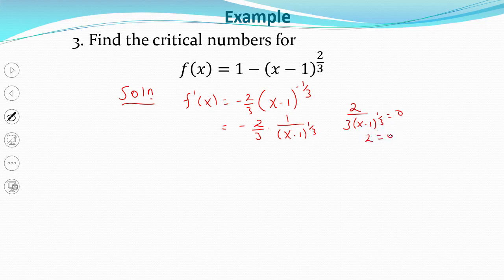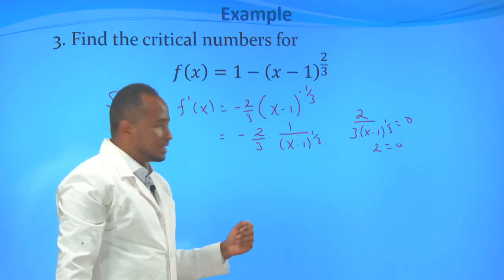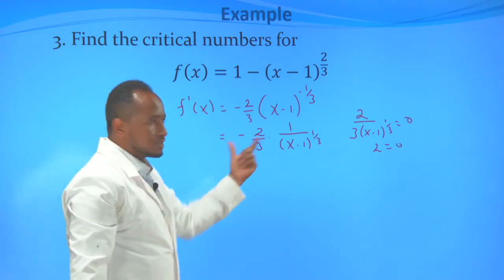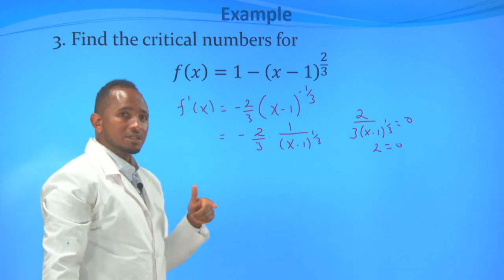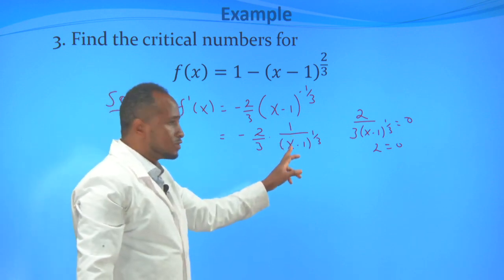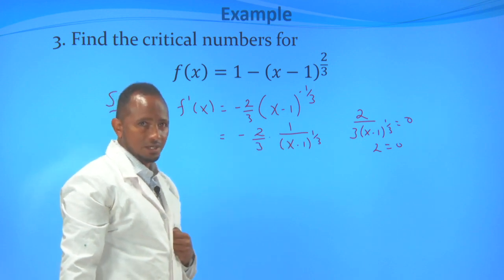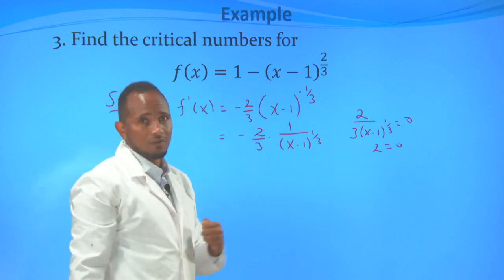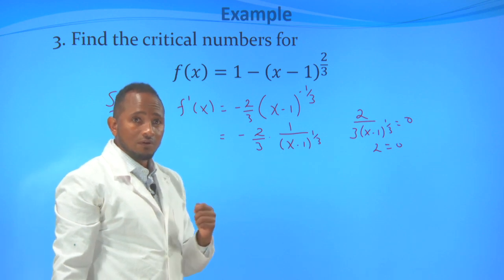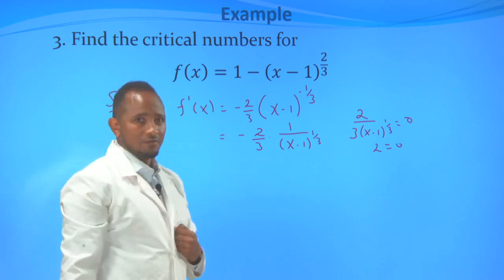So there is no number that makes this expression 0. But the derivative of this expression does not exist at x equals 1. If you put 1 here, this expression doesn't exist, and 1 is in the domain of our function. Therefore 1 is the critical number.